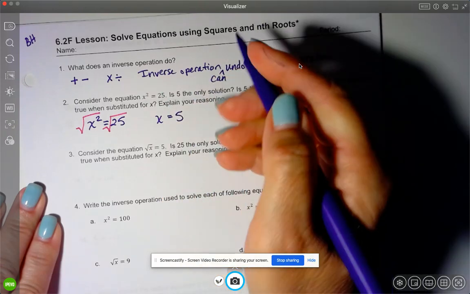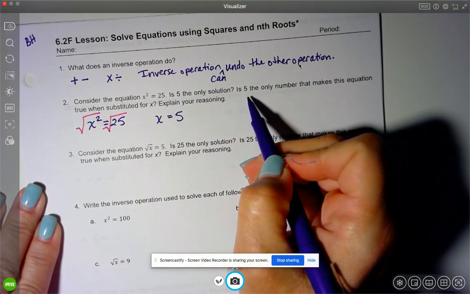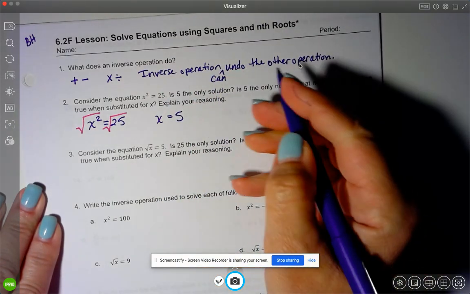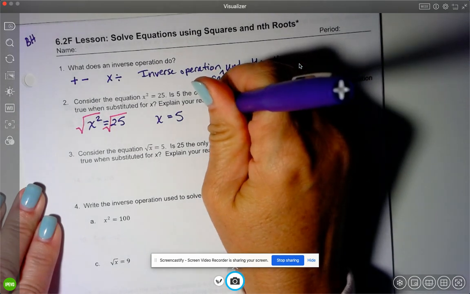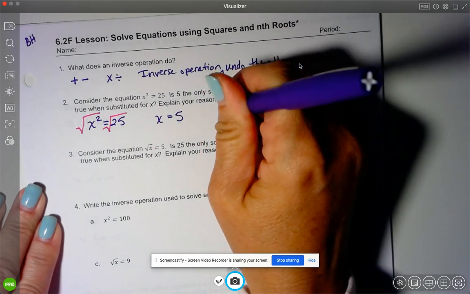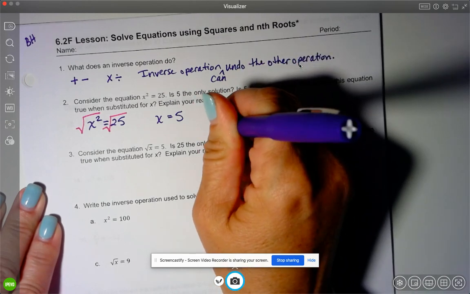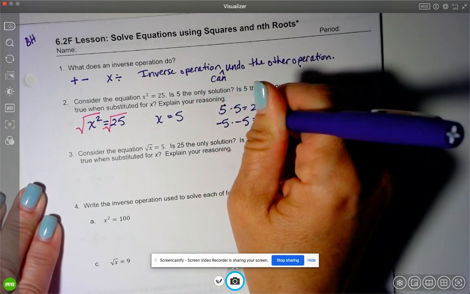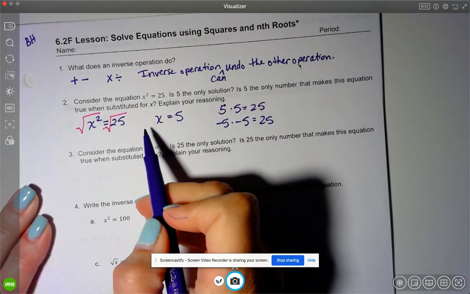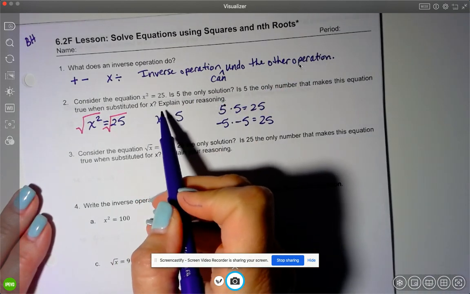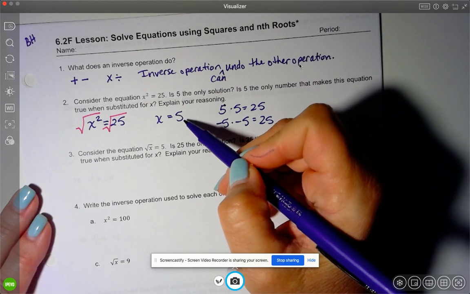But the question is, is 5 the only number that makes this true? Well, we're going to check it. So 5 times 5 equals 25, but also negative 5 times negative 5 equals 25. So really, this actually has two square roots. We'd call the positive the principal square root.